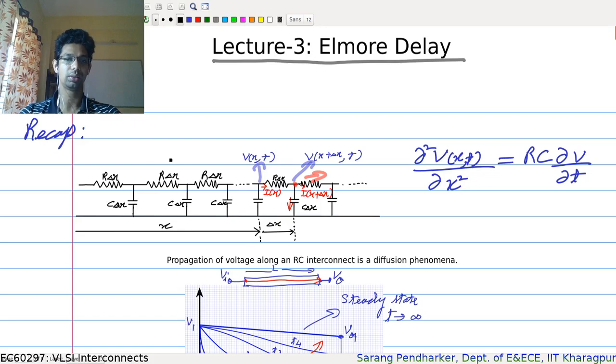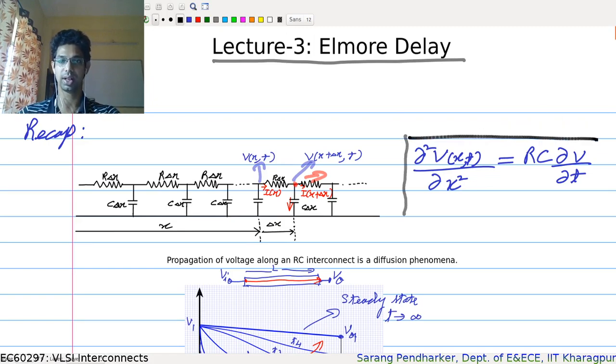We did this modeling where we considered an infinitesimal section of the interconnect. We applied the voltage and current equations on this infinitesimal section, and then applied the limit delta x tends to 0 to finally get the diffusion equation.